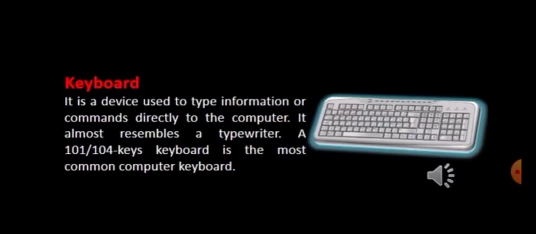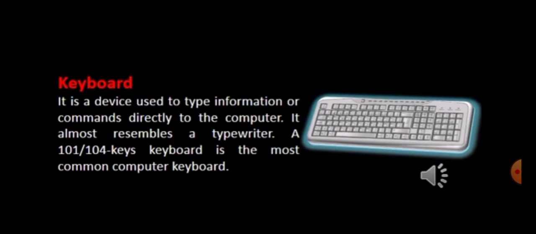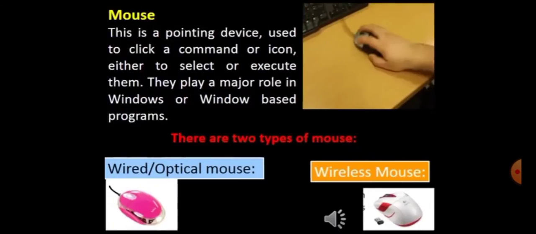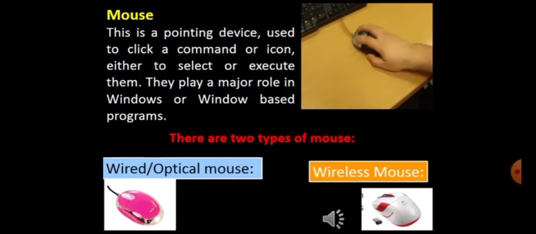So we will see the keyboard. It is a device used to type information or commands directly to the computer. The 101 and 104 keys keyboard is the most common computer keyboard. Next is the mouse.